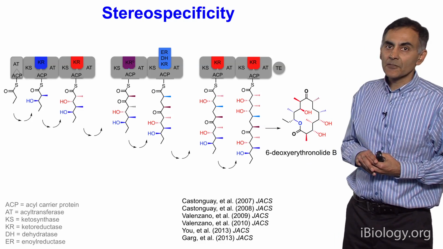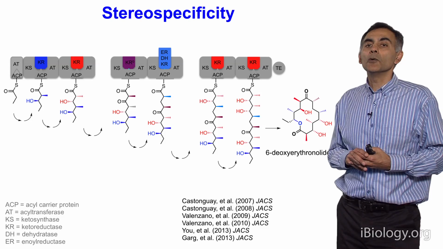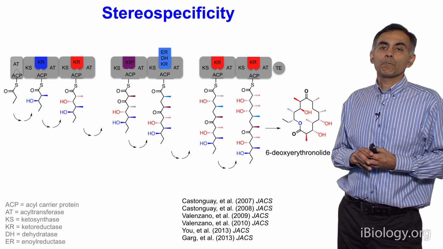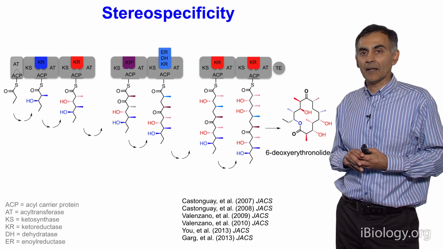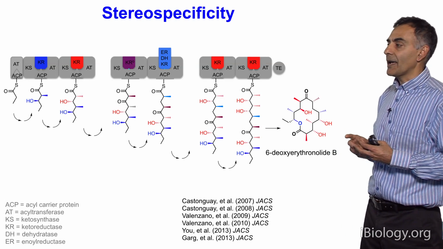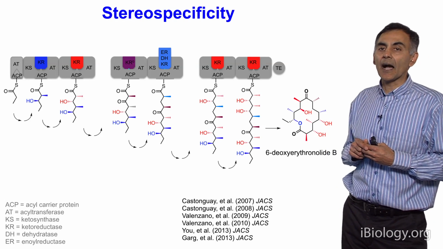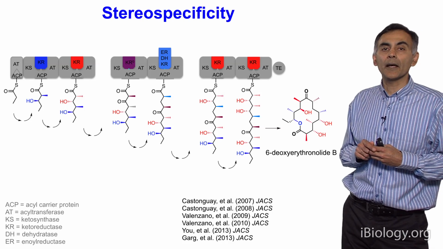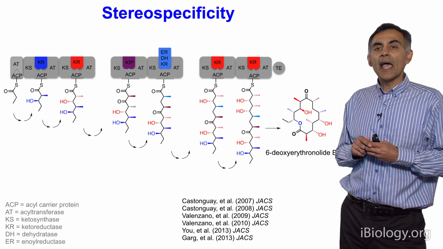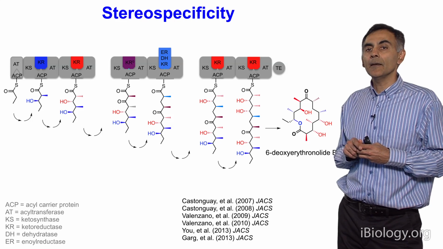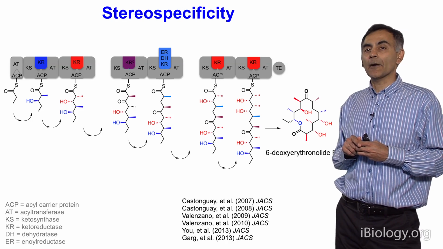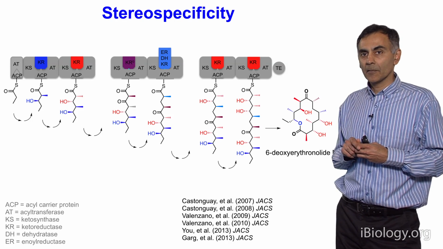Stereospecificity is probably one of the most fascinating features of these complex polyketide antibiotics that these assembly lines make. So to the right, you're seeing the 6-deoxyerythronolide B product of DEBS. And for those of you who are looking at that now, you're noticing that it has 10 stereocenters.